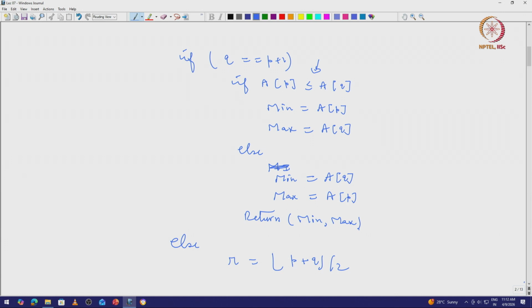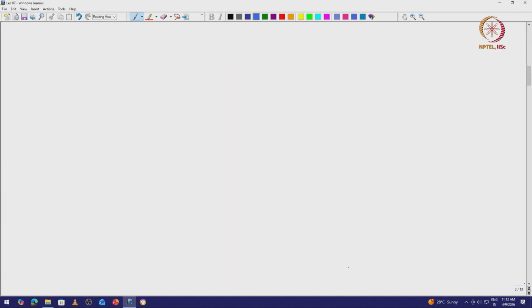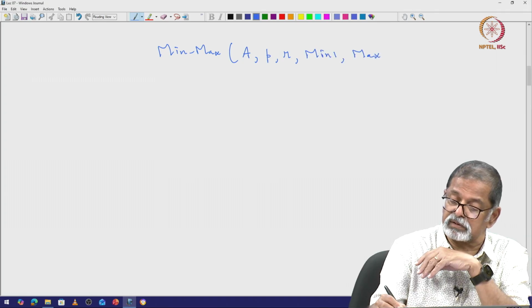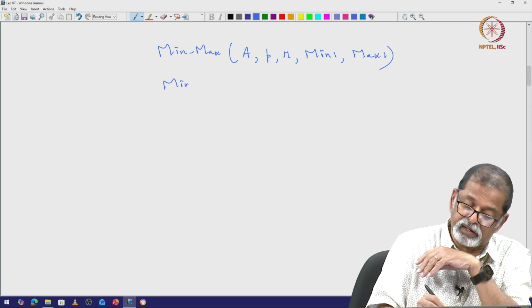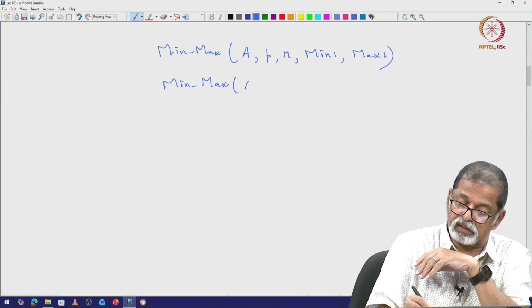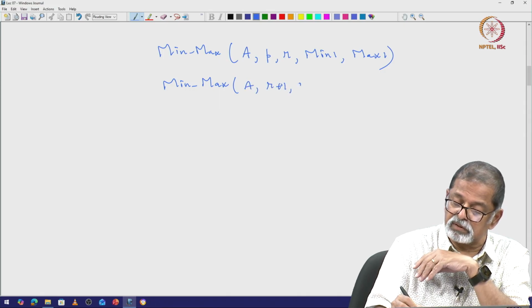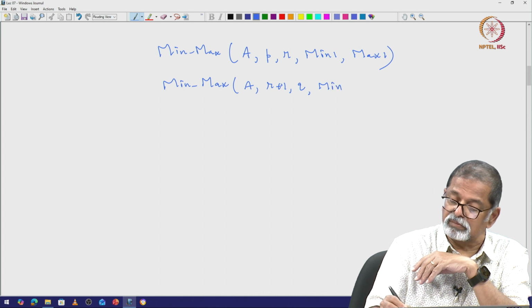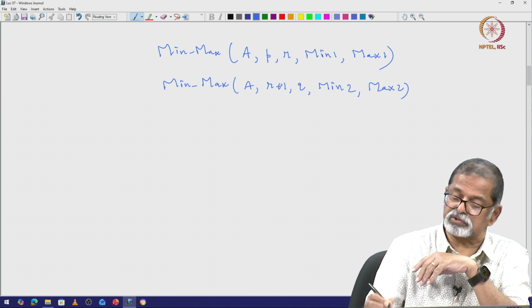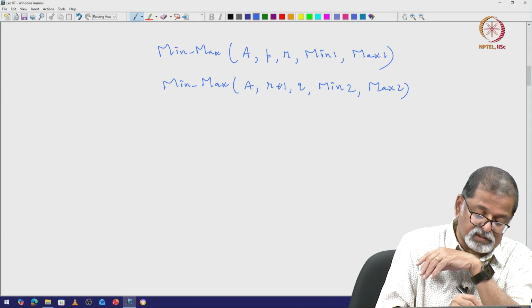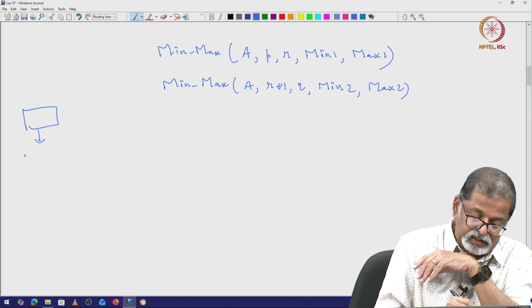Then MinMax A, P, r gives min1, max1, and MinMax A, r plus 1, Q gives min2, max2. So in the first half you find min1 and max1.